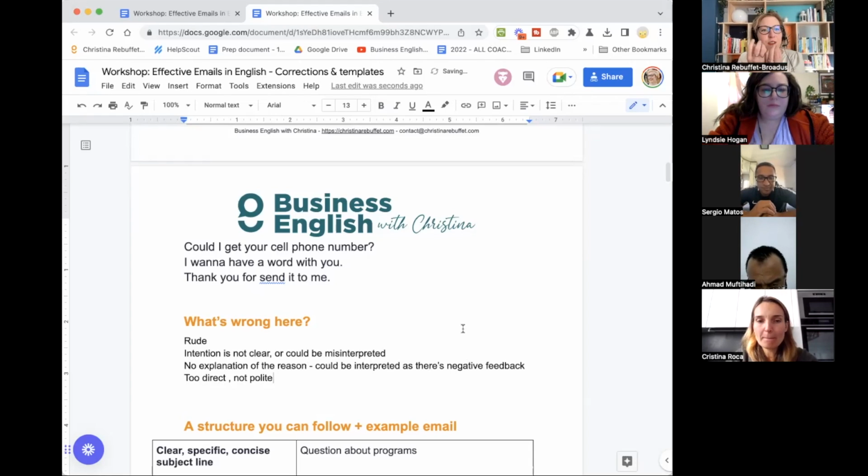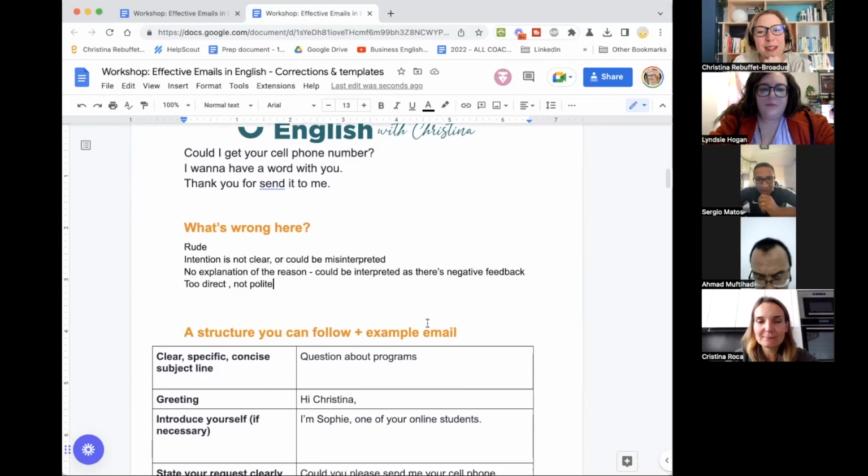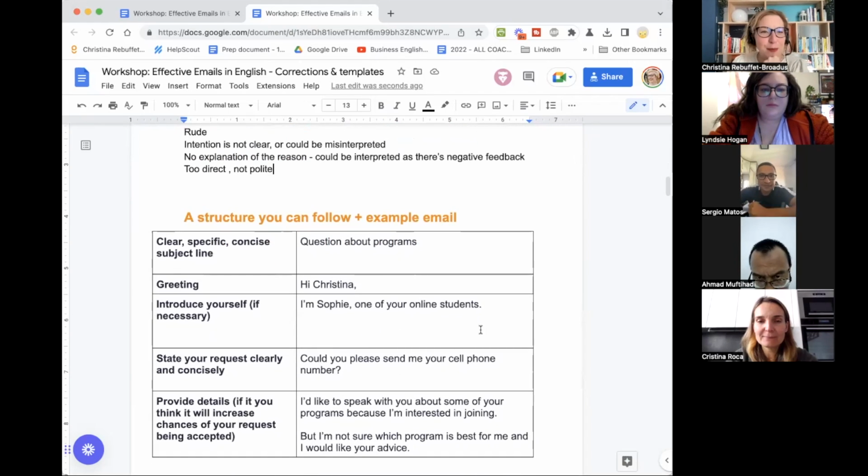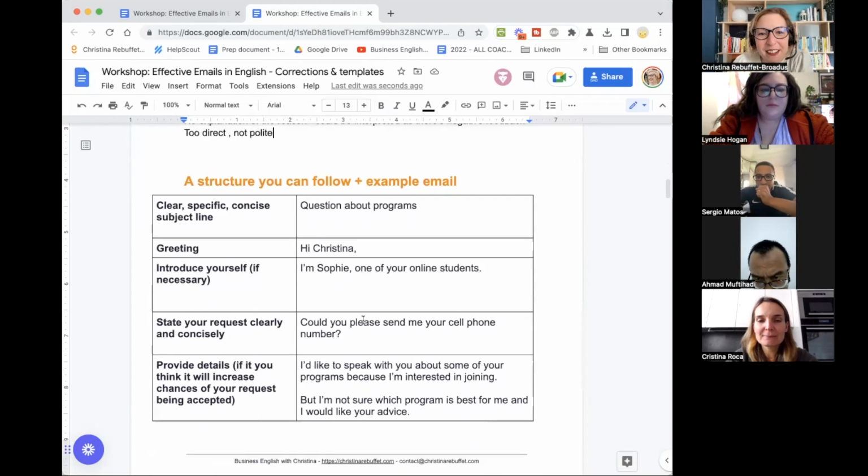So you can see just from this very, very short email that it can have sort of an oh effect on you. Stephanie, the thank you is like, do it please. Right, I agree. Thank you, just thank you for sending it to me. Or it's like, okay. So let's look at how we could improve this email.